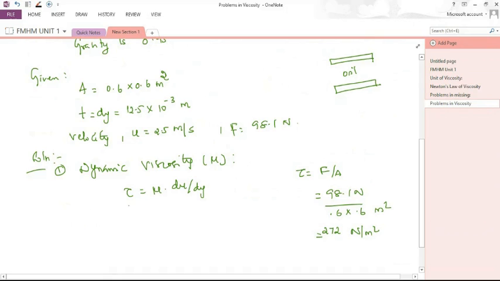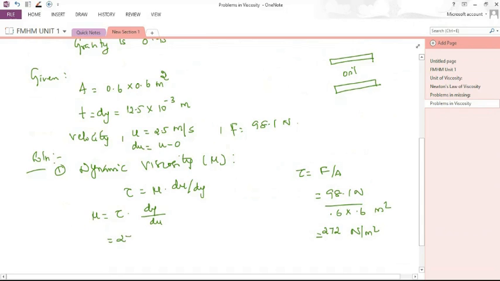And what about du and dy? The thickness dy is given, which is 12.5, and du is the final velocity minus the initial velocity. Initial velocity is 0, final velocity is 2.5. From that you can identify the value of mu, which is tau into dy by du.